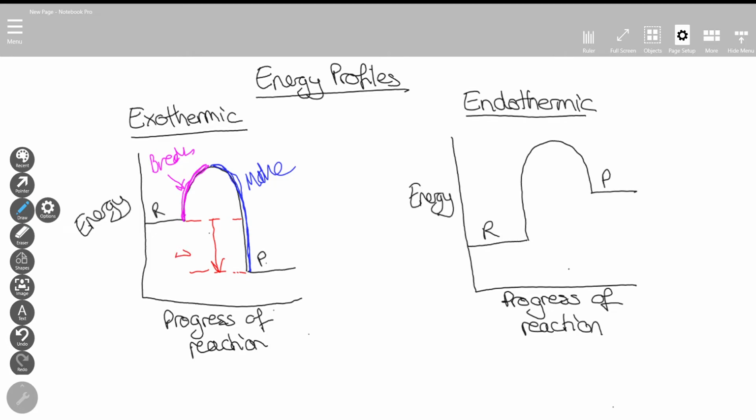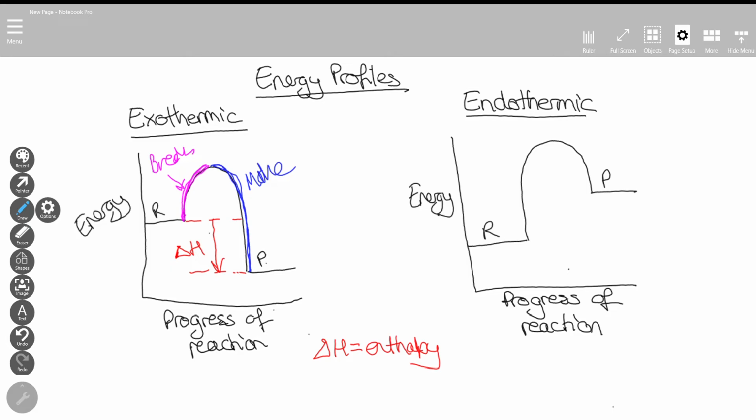This is known as our enthalpy change, and it has the symbol triangle H. So triangle H is our enthalpy change. Because the energy level's gone down, that energy's had to go somewhere, and so that energy was given out to the surroundings, and that means that the surroundings will get hotter, making anything in the area increase in temperature. So if that was a solution, the solution would get hotter.